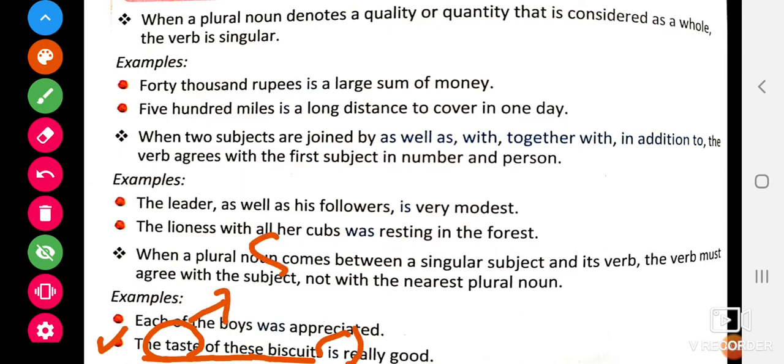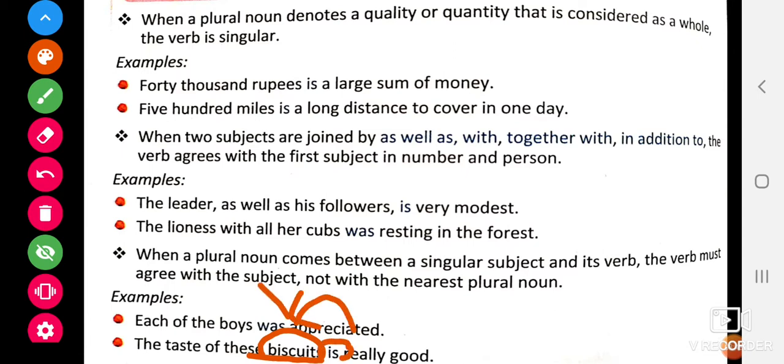The taste is singular, is is also singular, but we have a noun coming in between and this noun is biscuits. Biscuits is plural, but here the verb will not agree with biscuits. The verb will agree with the taste because the taste is the subject of the sentence.